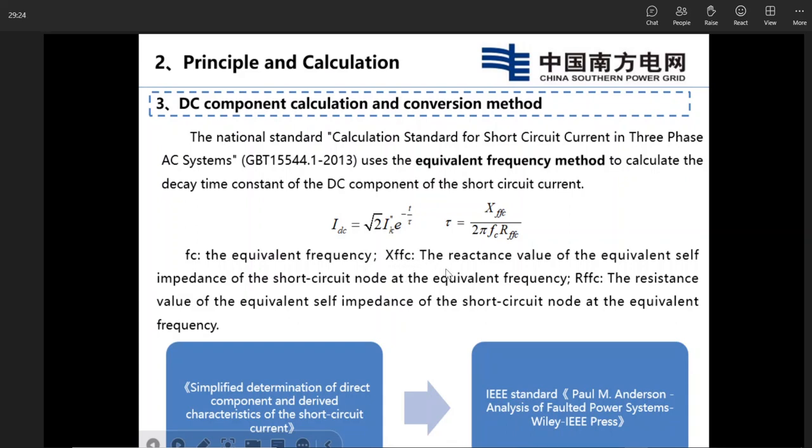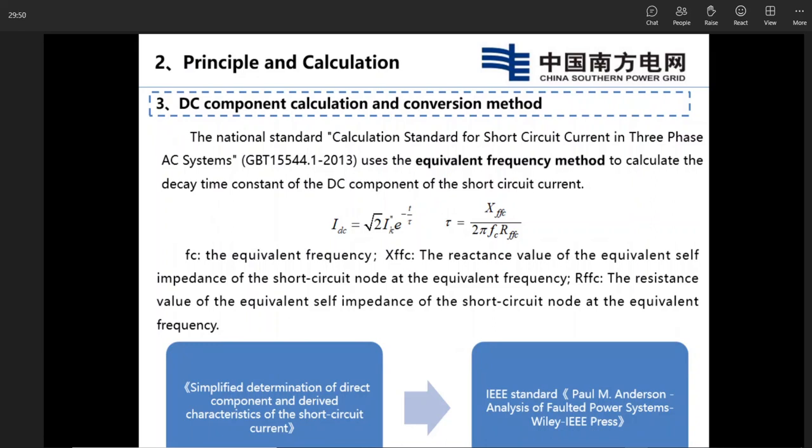Xc means the reactance value of the equivalent self-impedance of the short circuit node at the equivalent frequency. Rc is the resistance value of the equivalent self-impedance of the short circuit node at the equivalent frequency.